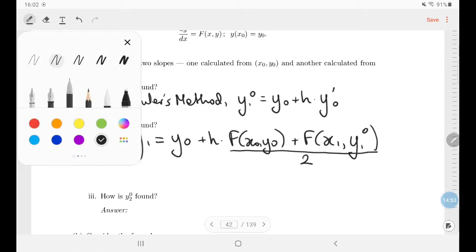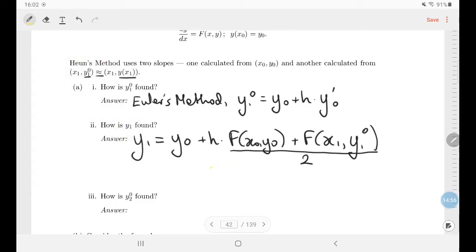So this here is an average slope. I appreciate I'm repeating myself. Some of you will understand what's going on; for some of us, these extra explanations hopefully help.